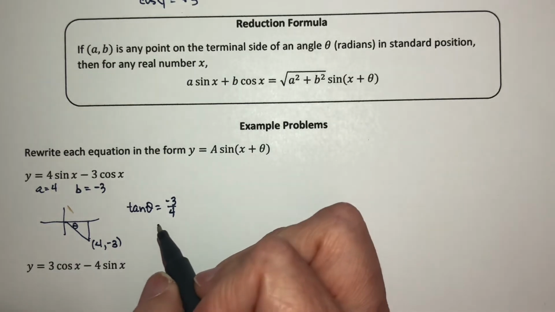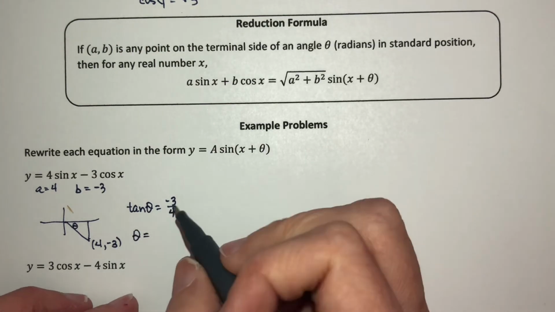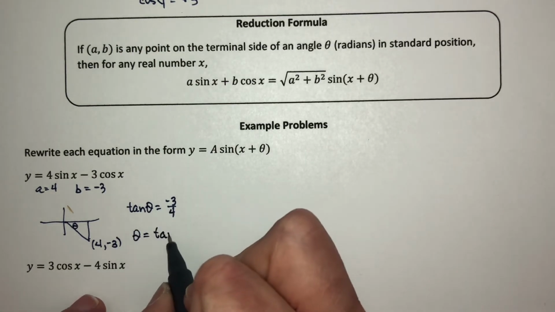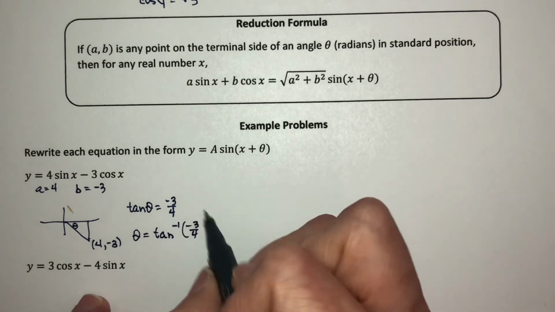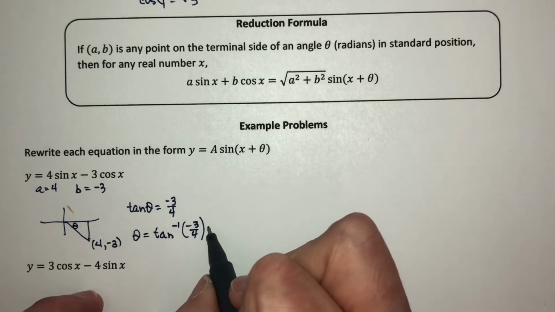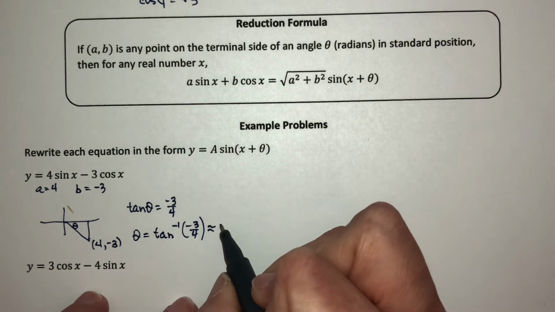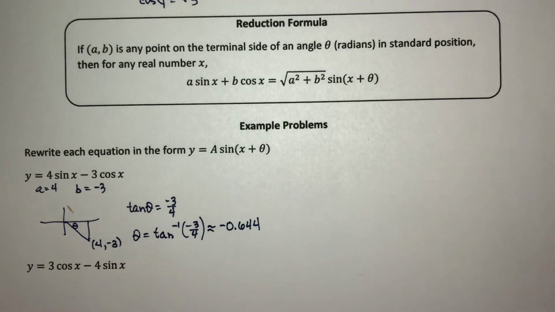Okay, and then that means that theta is equal to inverse tangent of negative 3/4. And you can use your calculator to see that this is approximately equal to negative 0.644. Okay, and inverse tangent does give me the angle in this quadrant, so I don't have to worry about making an adjustment anywhere to get over to here.